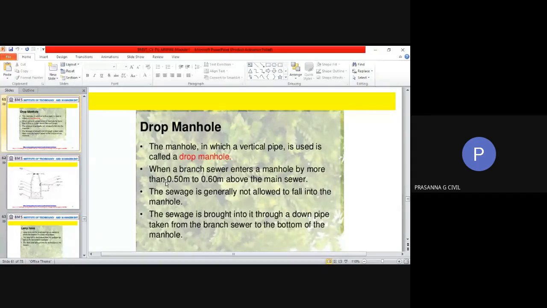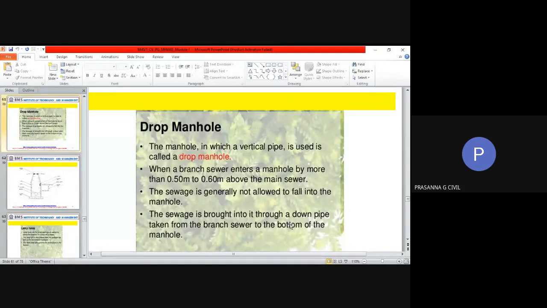In such a case, there is a slight constructional difference in the manhole, and the term used to define that manhole is also different. So when we say manhole, we are saying that the branch and main sewers are meeting at relatively the same level, whereas a drop manhole is required where the branch sewer meets the main sewer line at a great depth.